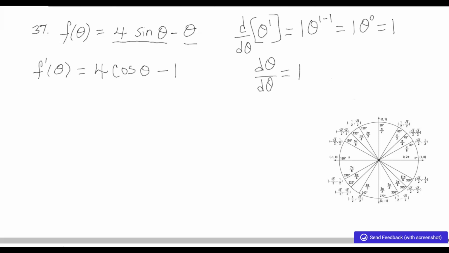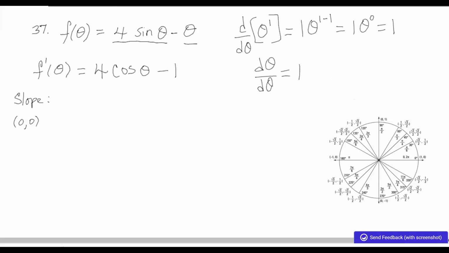So to find the slope of the curve, we're going to have to plug in the point that was given. And the point that was given was the point 0, 0. So the point that was given, the x value or the theta value, theta is your independent variable.